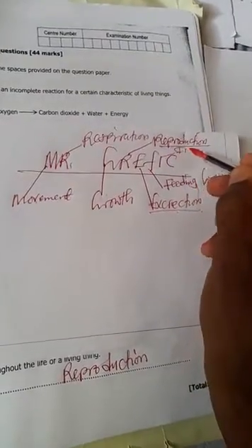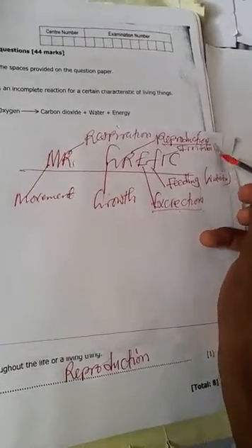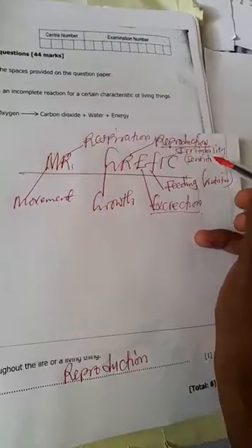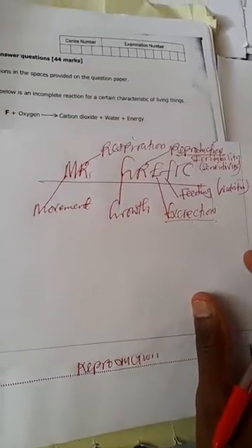This one will go for irritability or sensitivity. Sensitivity, this is the ability to detect and respond to stimuli. C is for cells. So we can get back to the question.